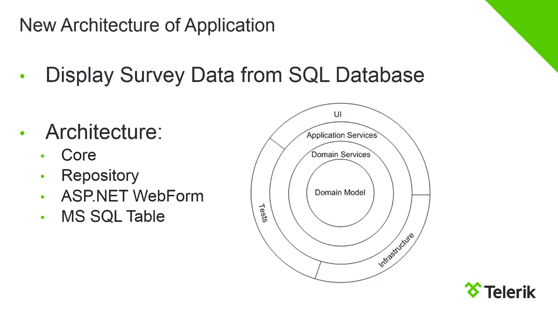I can author tests very quickly. And in terms of infrastructure, I can use a SQL database, I can use a NoSQL database, I can use a service, or I can simply mock things up. So that is the change in the architecture that we are going to observe. All right.